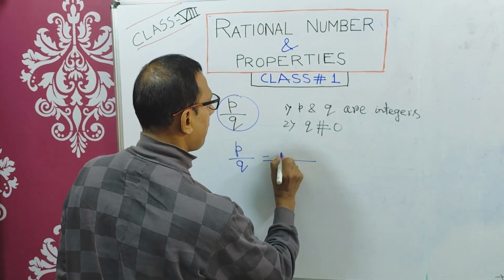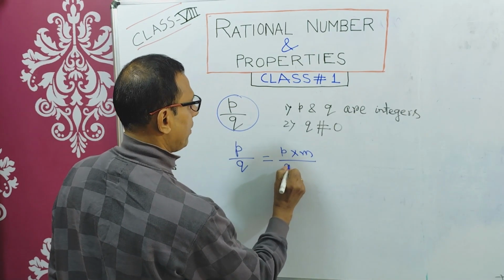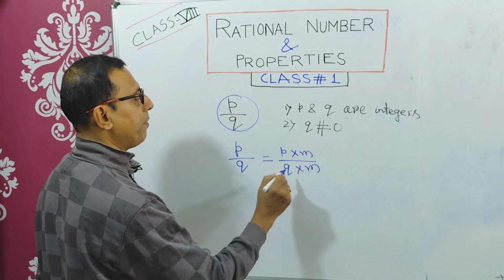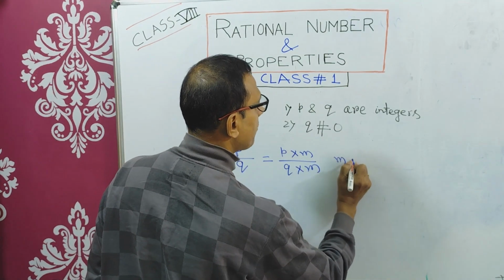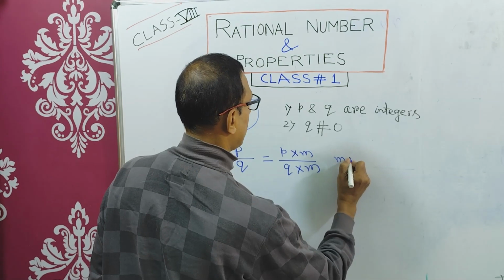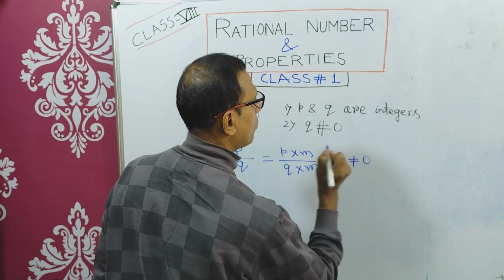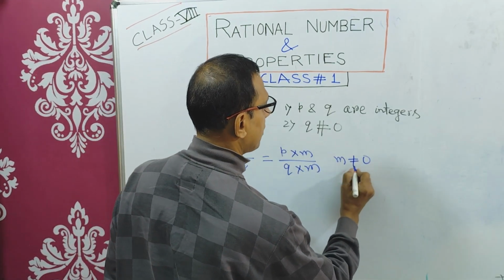That means P into M and Q into M. So P by Q, we can write as P into M divided by Q into M, where M is not equal to 0 and M is an integer.